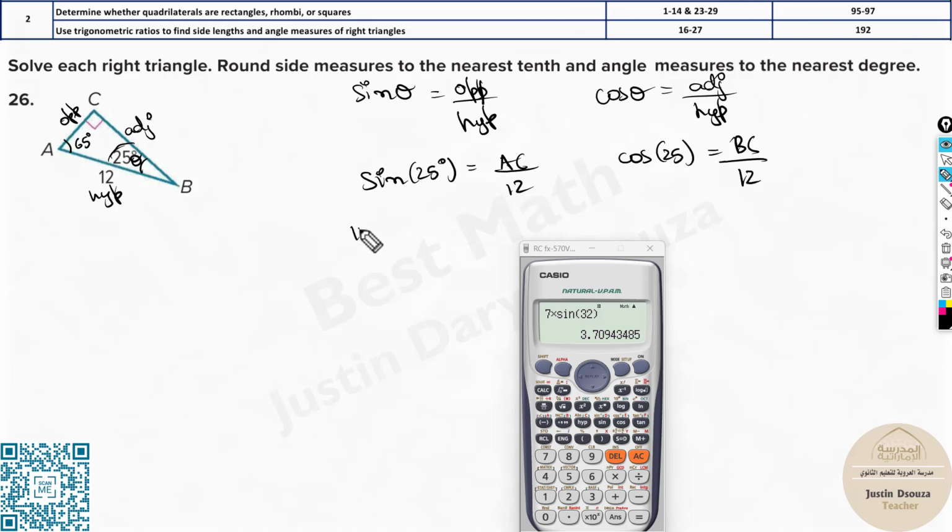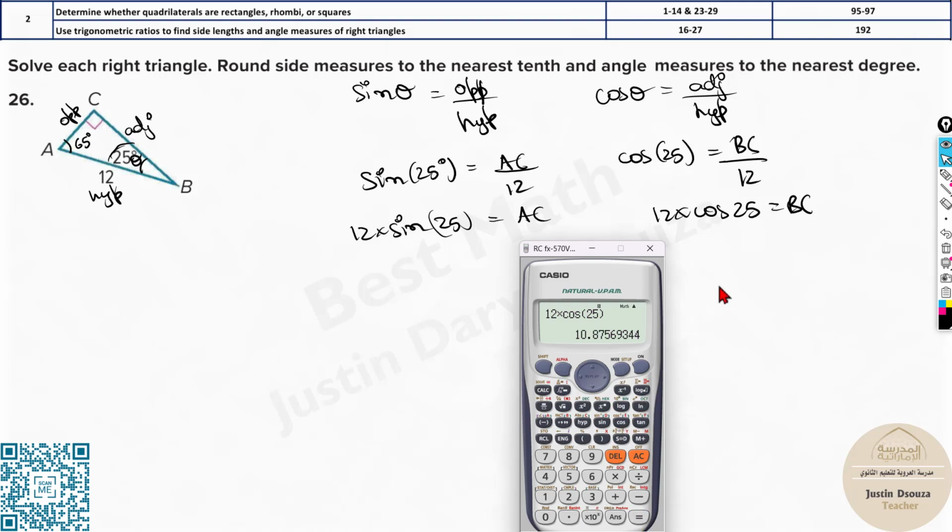Now you take the 12 to the other side, 12 times sine 25 degrees is equal to AC, and over here 12 times cosine 25 degrees will be equal to BC. So here it is 12 times sine 25, that is equal to 5.07, that will be 5.1, and just change this to cosine.